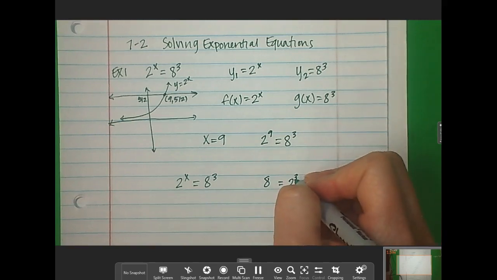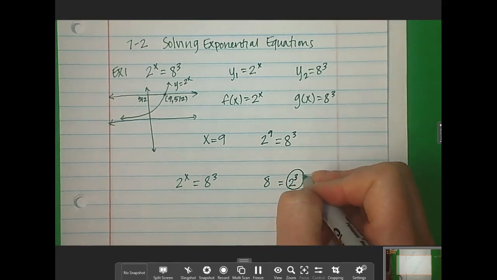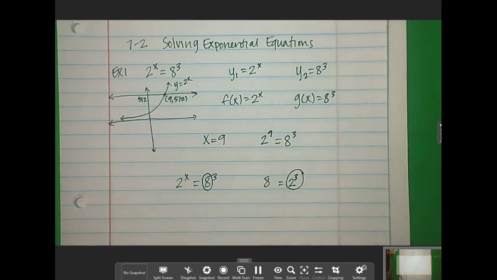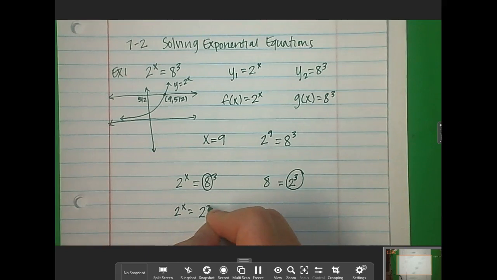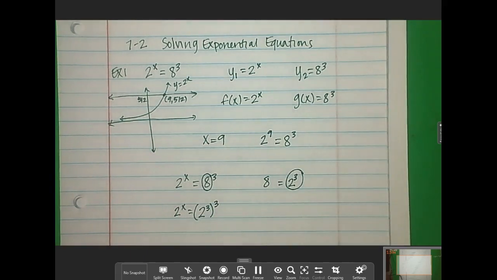Yep. So I'm going to replace 8 here with 2 to the third. So 2 to the x equals 2 to the third, and then I still have that 3 on the outside also. Alright, so what are your exponent rules? If I have something to the third and then to the third.